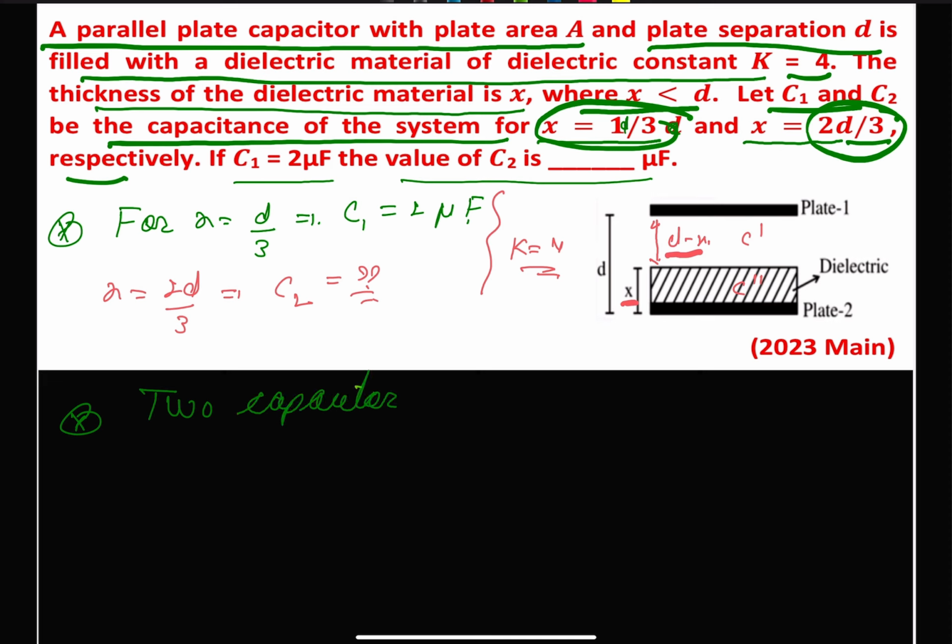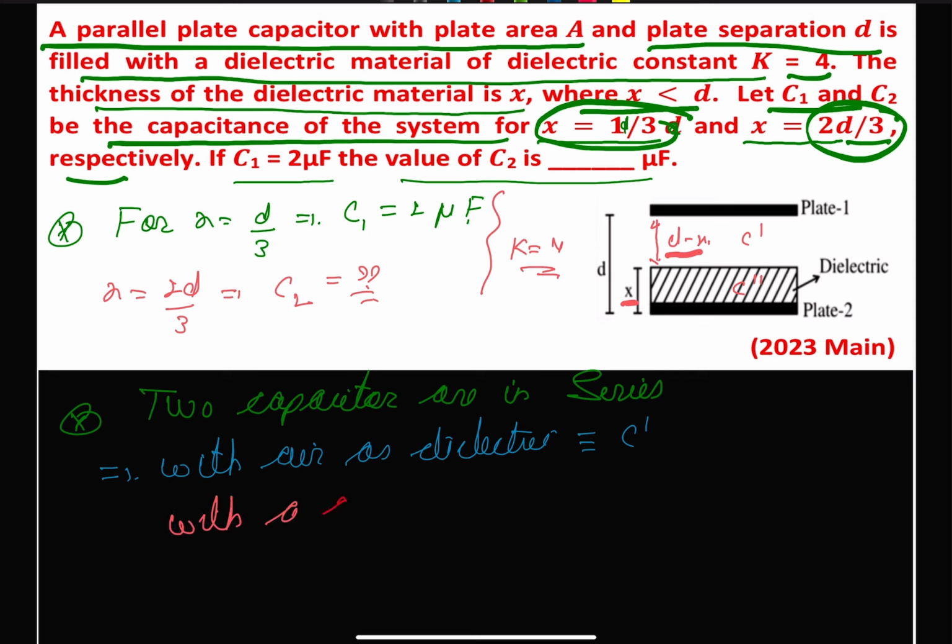These capacitors are, you can say, one with air as dielectric, which we call C prime, and the next is with a dielectric medium, which we call C double prime.